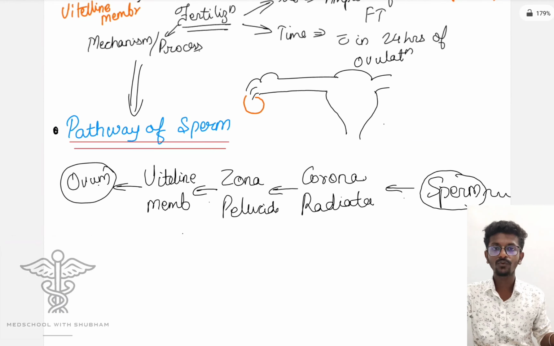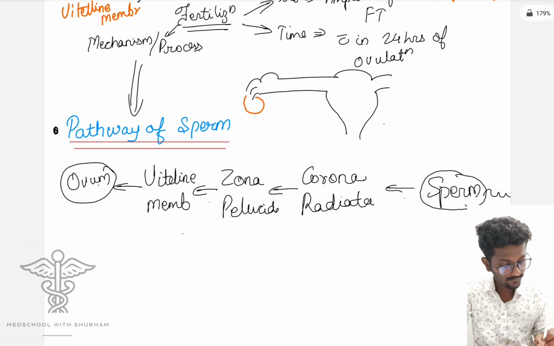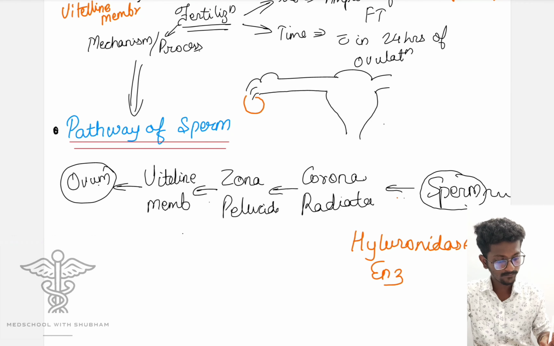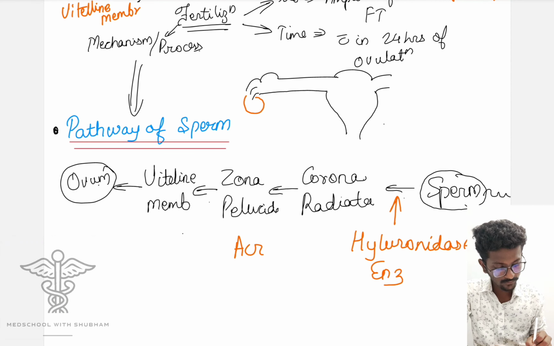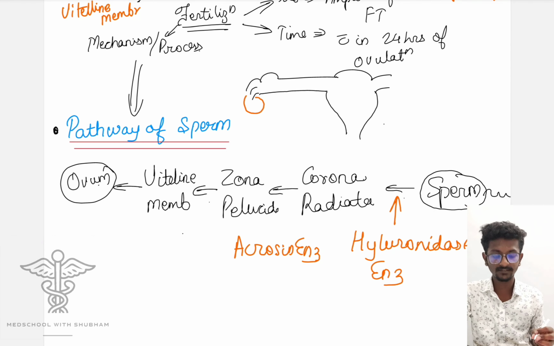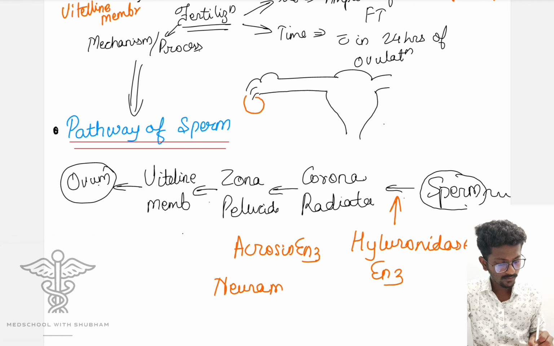For degenerating the corona radiata, the sperm will secrete the hyaluronidase enzyme. For passing through the zona pellucida layer, it will secrete the acrosin enzyme. Along with acrosin, it will also secrete the neuraminidase enzyme.